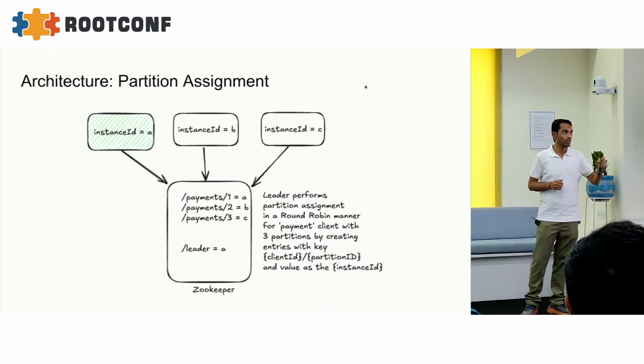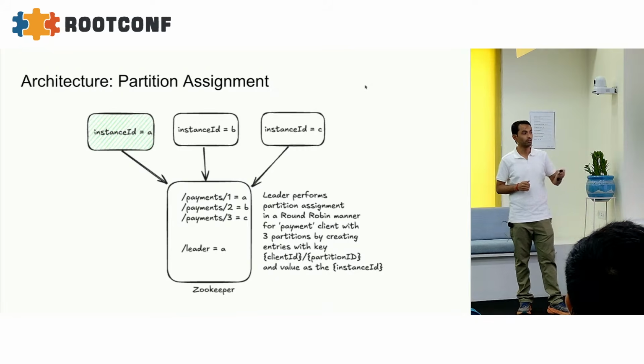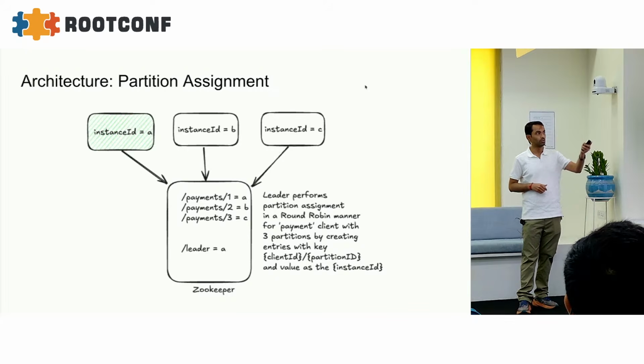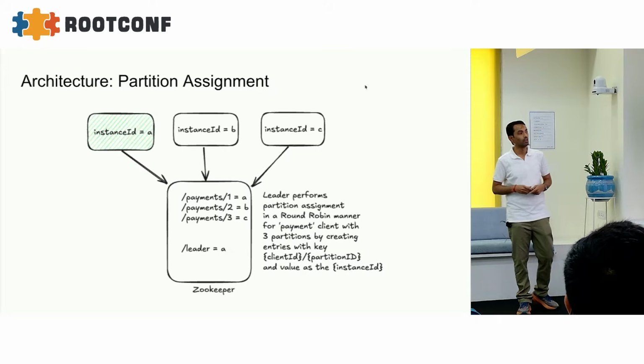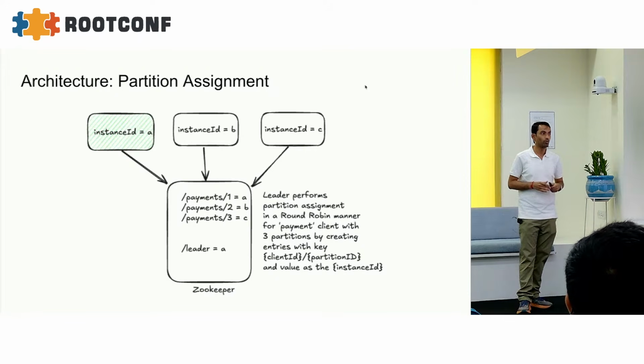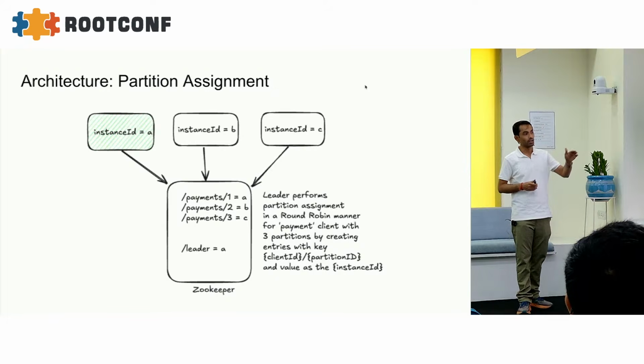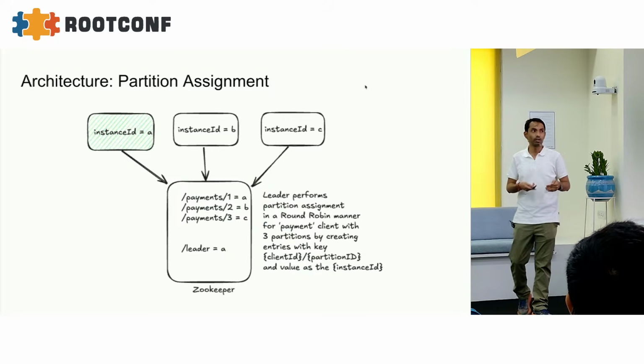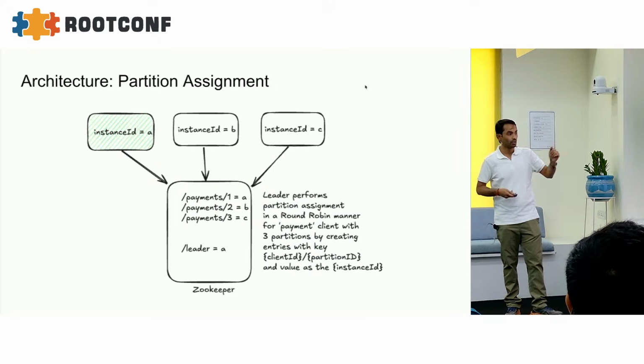So in this example, we have 3 instances and 3 partitions. Instance A is the leader. It chose A as the leader for partition 1, B for 2, and C for 3. So each partition gets mapped to one instance. Here you can see the leader itself is a worker. The leader's responsibility is not just assignment, but it also gets mapped to one partition.